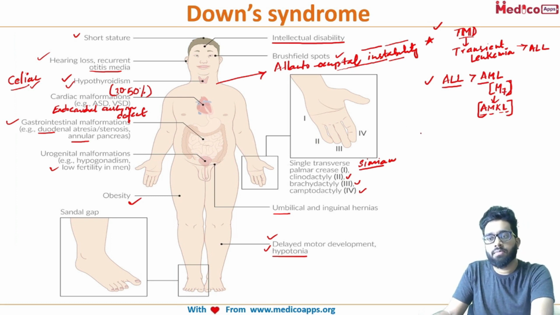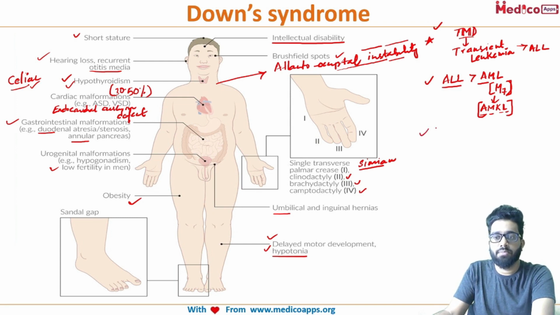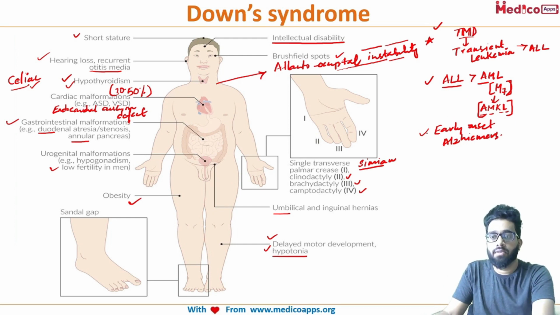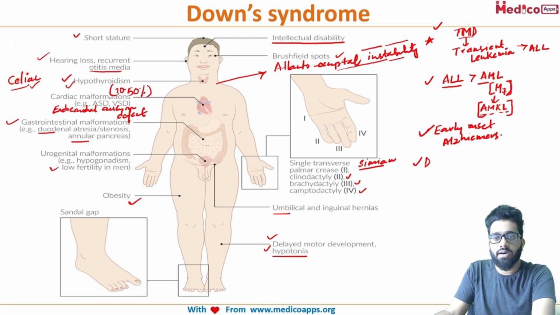Okay, apart from this, there are some other problems in Down syndrome as well. For example, Down syndrome patients are prone to early onset Alzheimer's. Okay, this you have to remember, a very important and often asked question. Apart from this, have you heard this term in forensics?